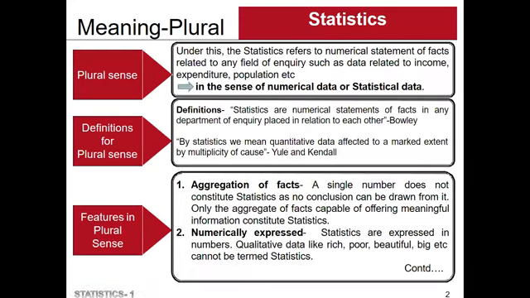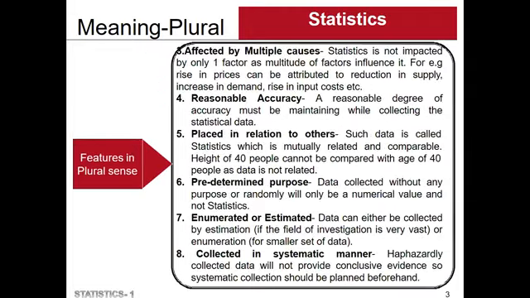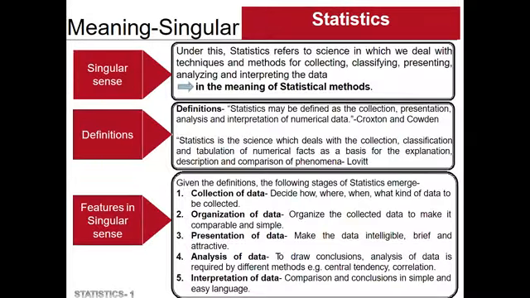The plural sense refers to numerical statements of facts related to any field of inquiry, such as data related to income, expenditure, population, etc. In the singular sense, it refers to the science in which we deal with techniques and methods for collecting, classifying, presenting, analyzing, and interpreting data.